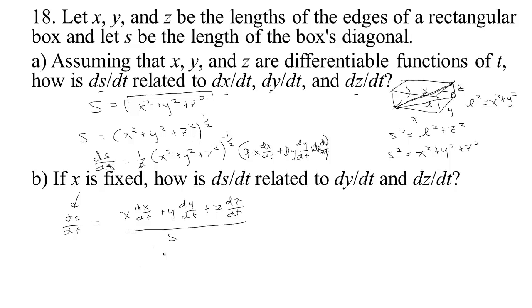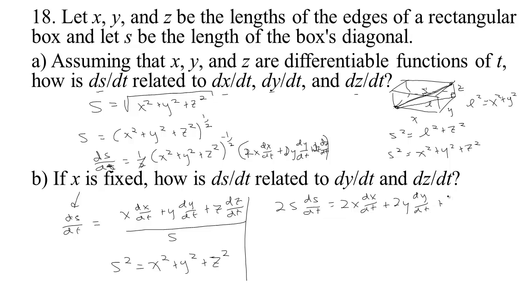Now there actually would probably be a faster way to get to that answer if we were to leave it as it was. We had s squared equals x squared plus y squared plus z squared. So if we had taken the derivative of both sides with respect to t, we'd get 2s ds/dt equals 2x dx/dt plus 2y dy/dt plus 2z dz/dt.